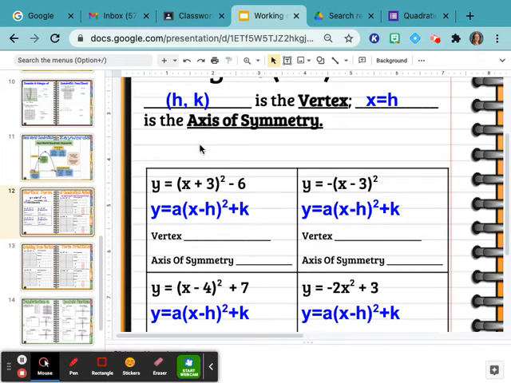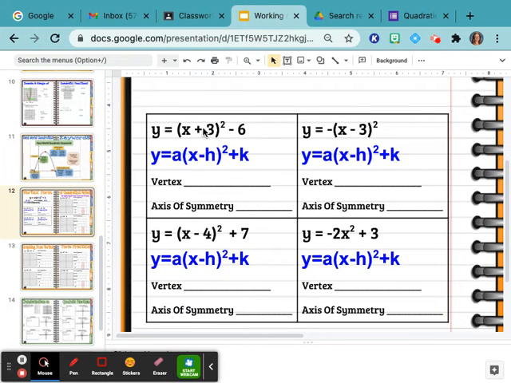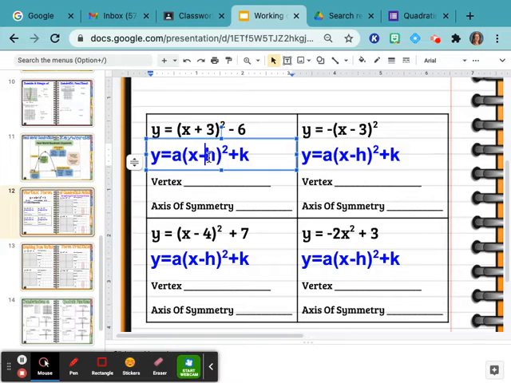If we look at this equation, we don't have an a, and all we're worried about right now is the vertex and the axis of symmetry. See how this says plus 3? What does that mean for this h value? What is the h value going to be? Why does it say plus 3? The reason is because you have a negative in there. So minus a negative becomes plus. That means the h value is negative 3.